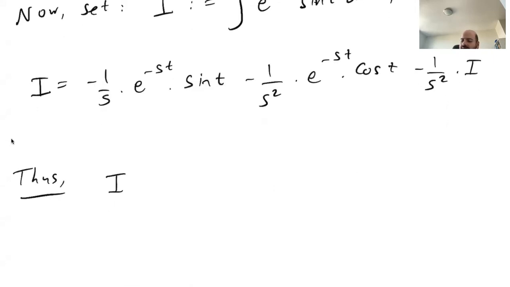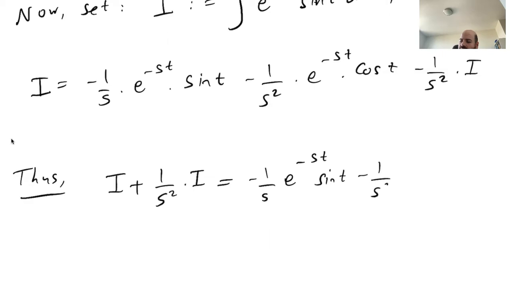Then it becomes I plus 1 over s squared times I equals e to power... The right-hand side becomes minus 1 over s e to power minus st sine t minus 1 over s squared e to power minus st cos t.